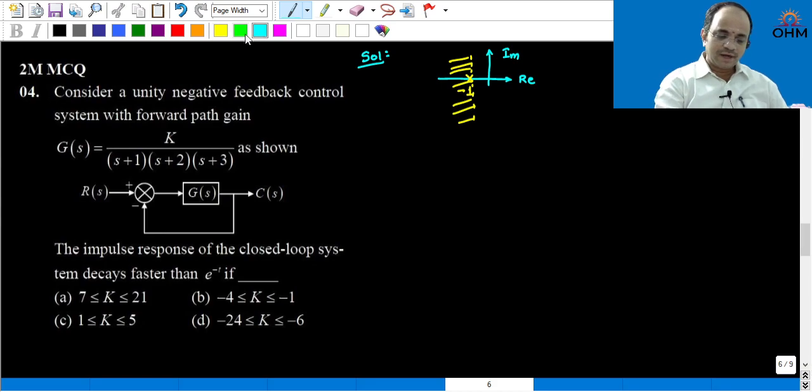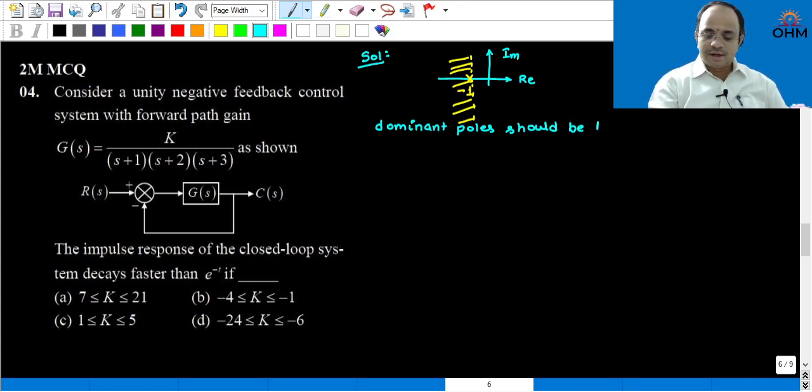So, what I can write down here is that the dominant poles should be on the left side of minus 1.